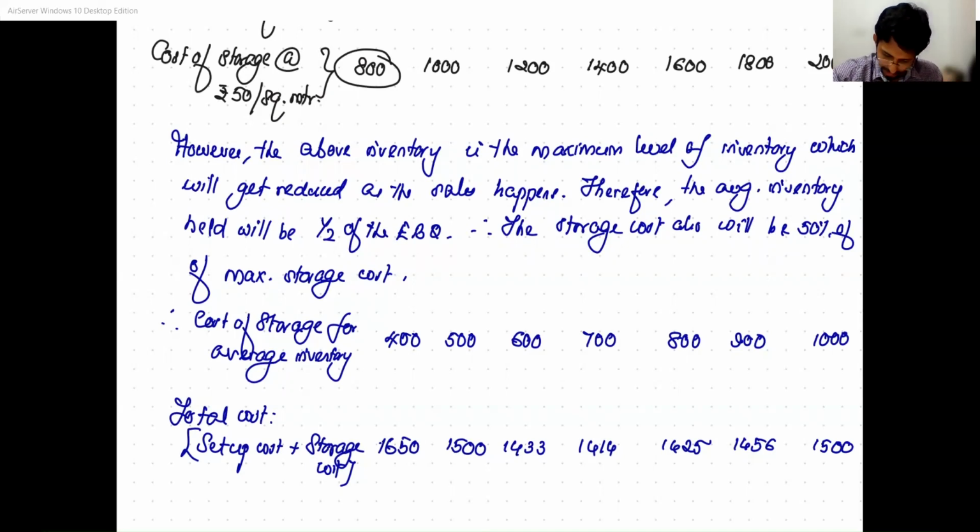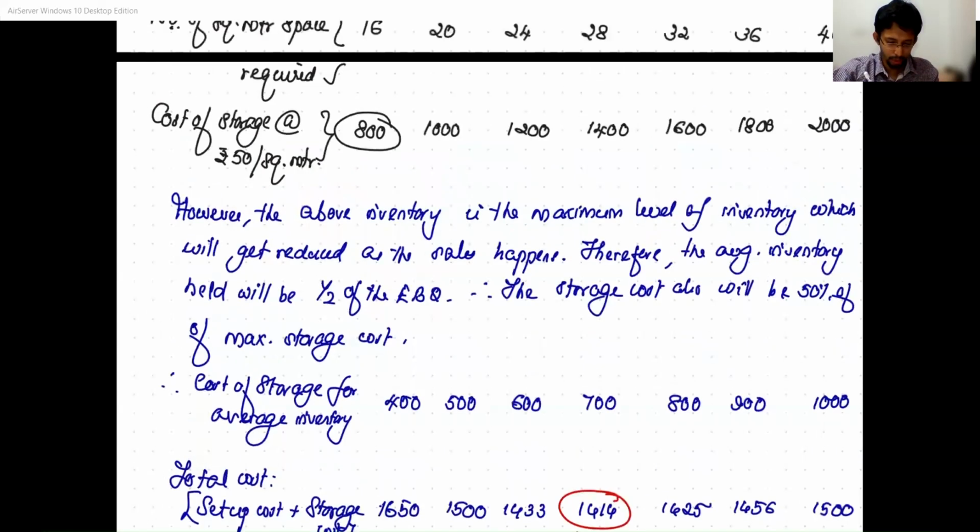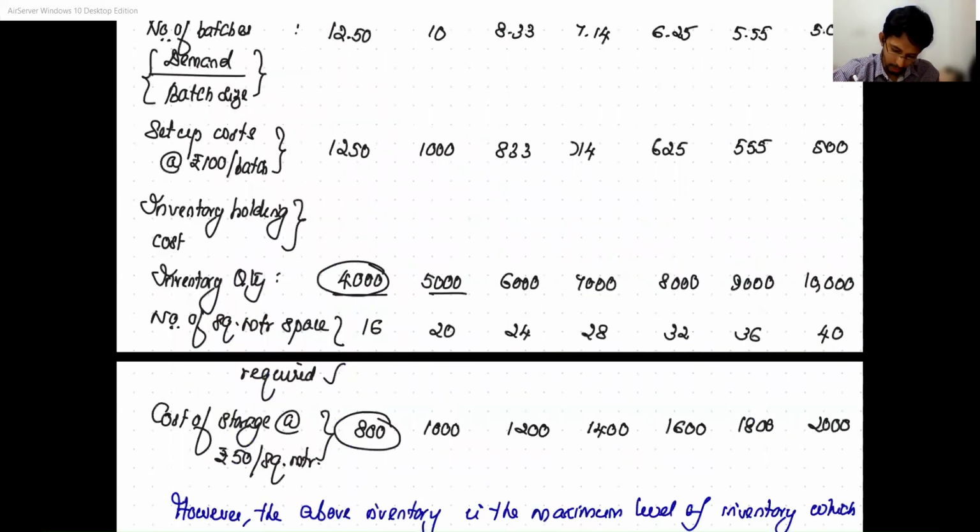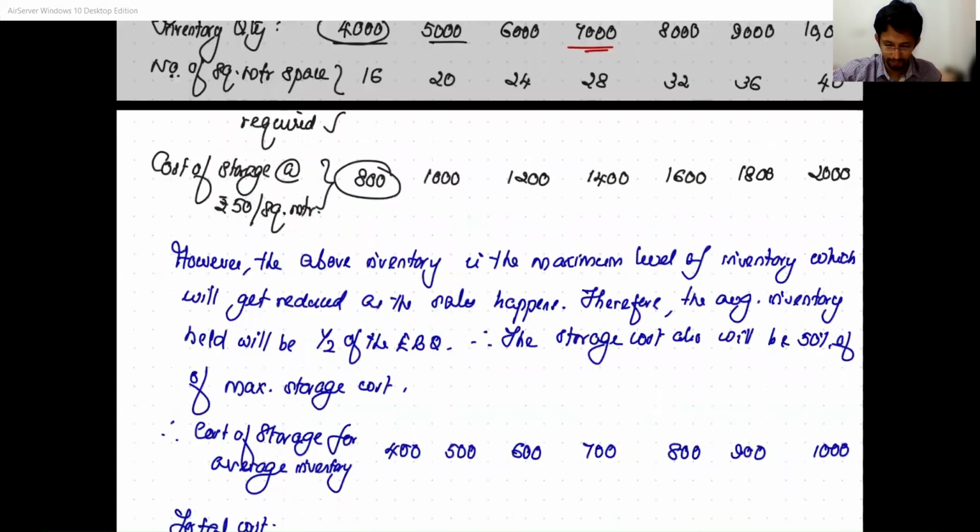So see out of this, which is the lowest? The lowest is at 1414. So it corresponds to what level? It corresponds to a batch size of 7000.